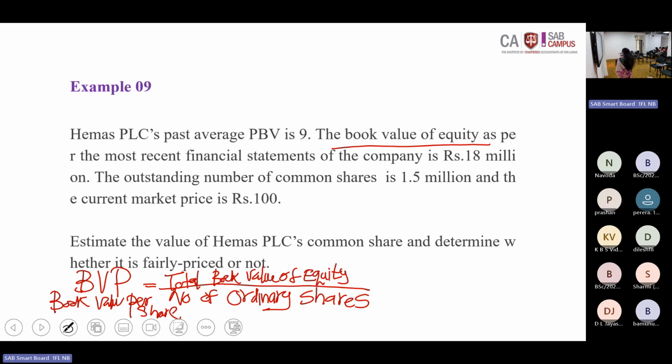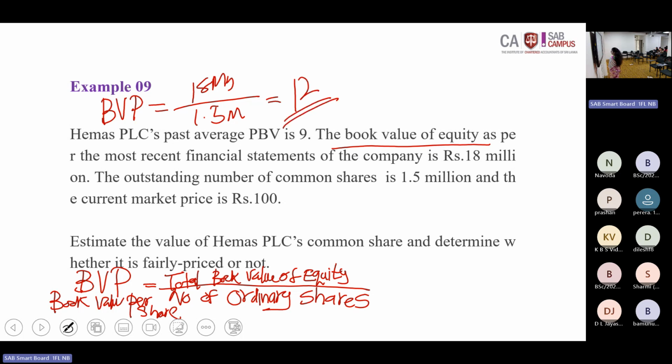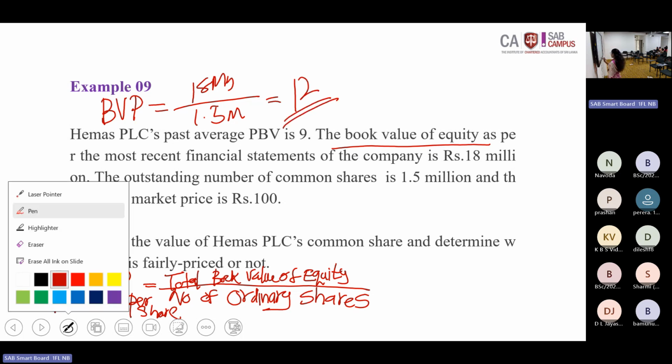In the given example, how can we calculate book value per share? It's 18 million divided by 1.5 million. So with that knowledge, we'll calculate the book value per share.